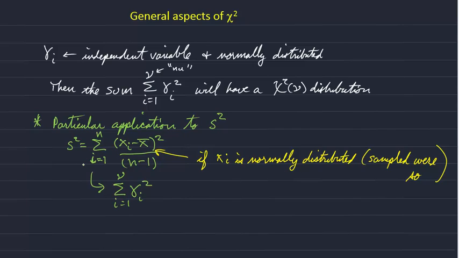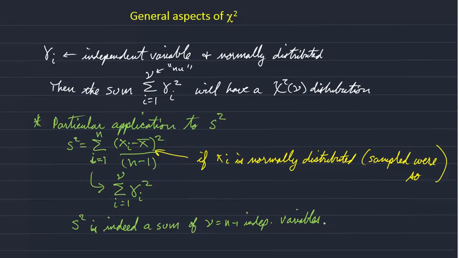So s squared is indeed a sum of nu, and in this case equals n minus 1 independent variables that are normally distributed.